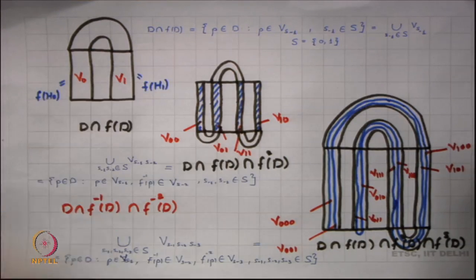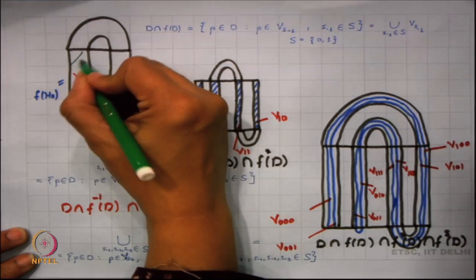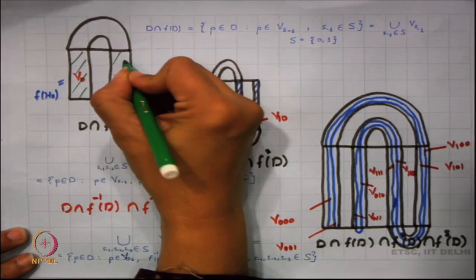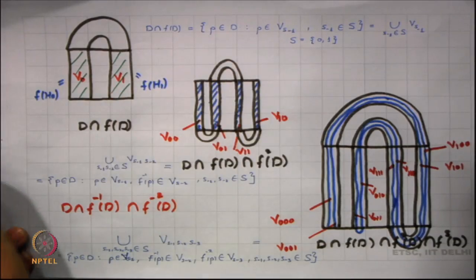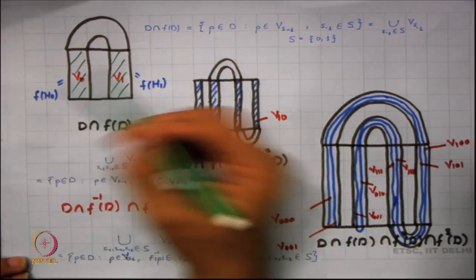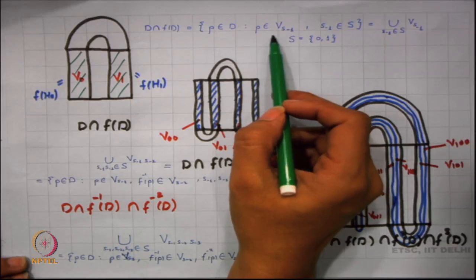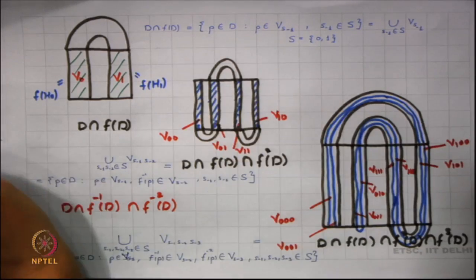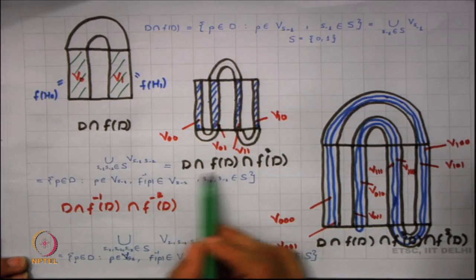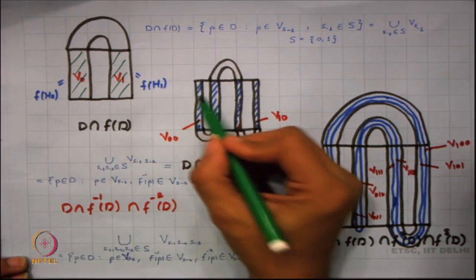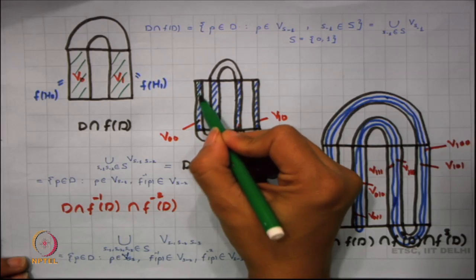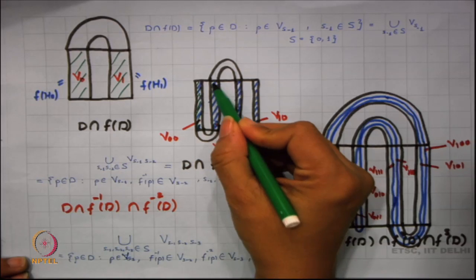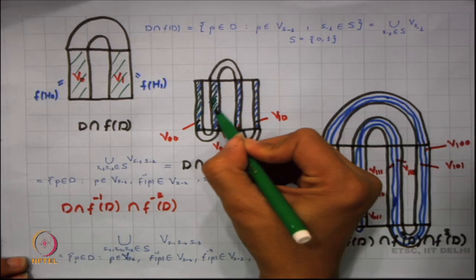So, you have this V_0 and V_1, this is D intersection F of D, and here we know that D intersection F of D is the set of all P in D such that P belongs to V_{S-1}. And D intersection F(D) intersection F square D is a union of 4 vertical rectangles.